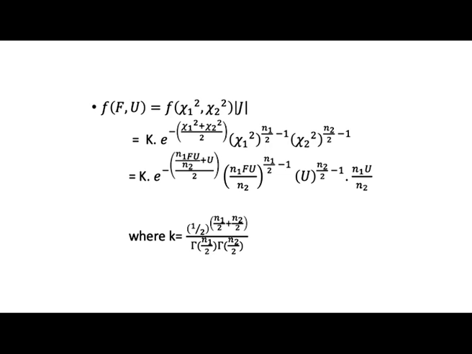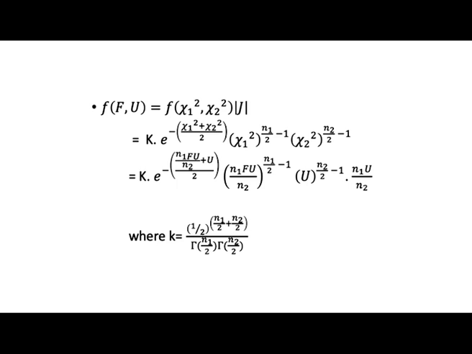So, e raised to minus chi1 square plus chi2 square by 2, then chi1 square raised to n1 by 2 minus 1 into chi2 square raised to n2 by 2 minus 1, that is n1 by n2 f u raised to n1 by 2 minus 1, chi2 square, that is u raised to n2 by 2 minus 1 into Jacobian of transformation.